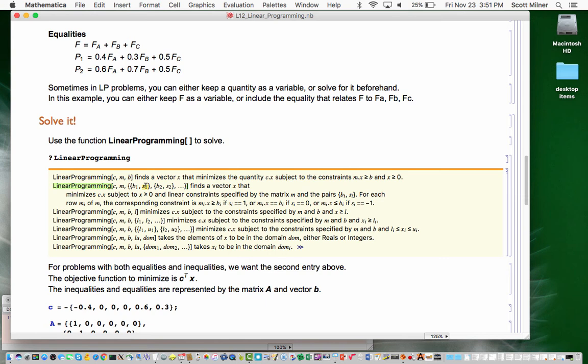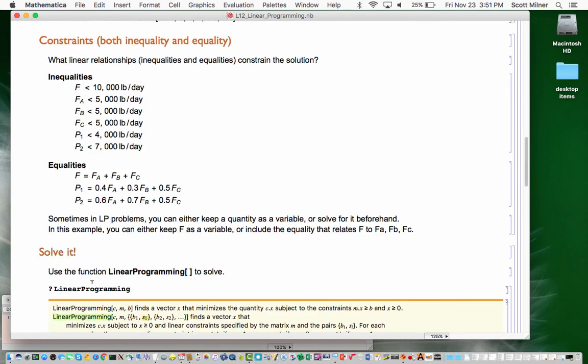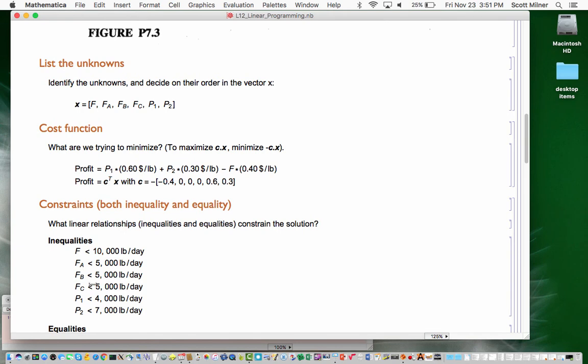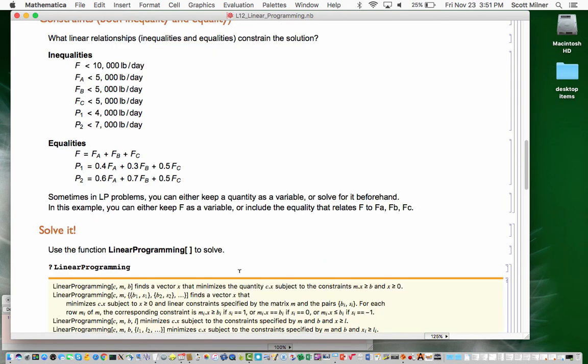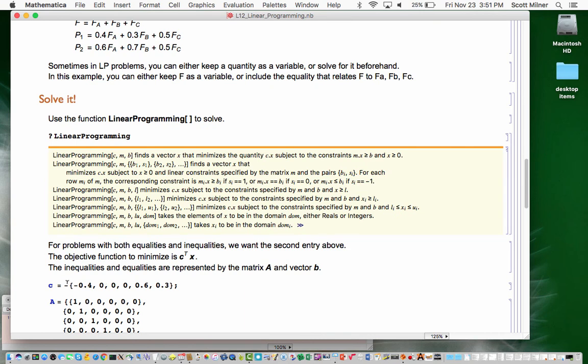We'll see how that works in just a minute. So first, the cost vector. Well, we just wrote that out up here, and so we simply write that in Mathematica language using curly brackets to make the list, and it's the very same set of numbers in the very same order.